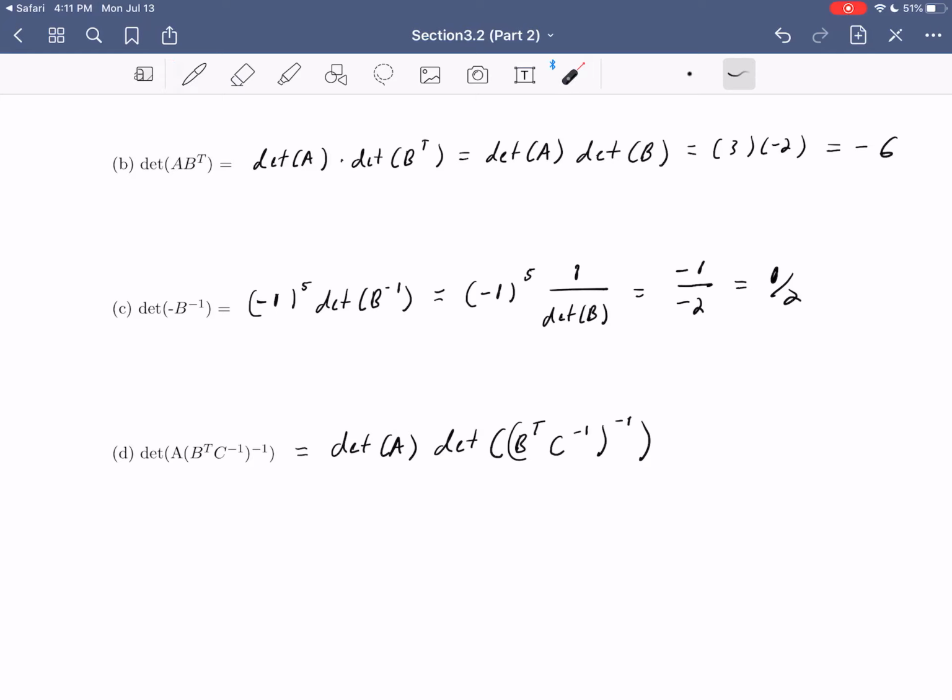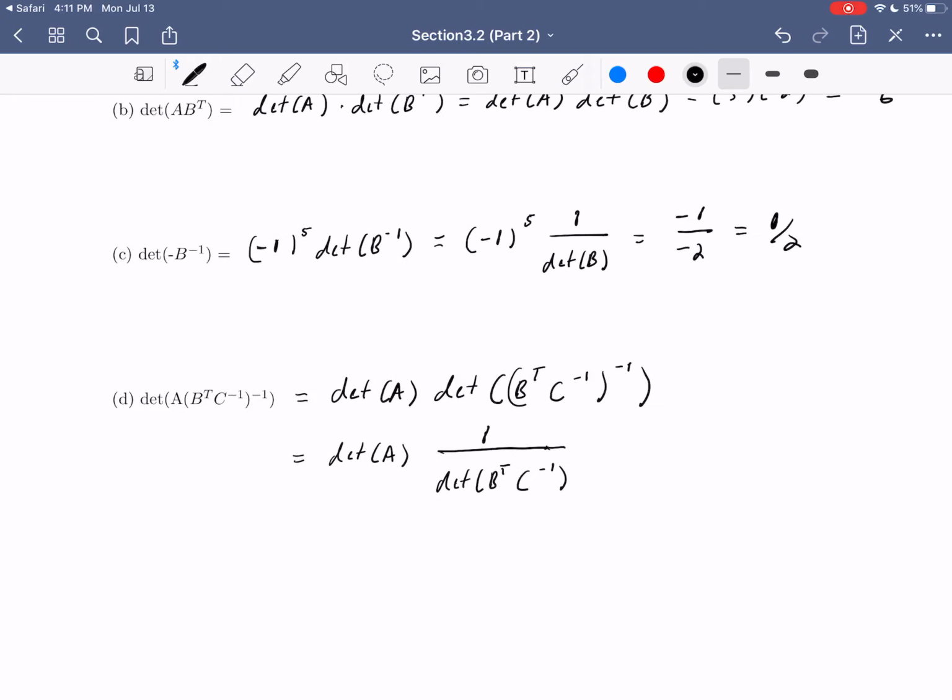And then the determinant of this inverse is going to be 1 over the determinant of the original. So that's the determinant of A, 1 over the determinant of B transpose C inverse. And then, of course, this is a product, so we can split up that determinant: the determinant of A, 1 over the determinant of B transpose times the determinant of C inverse.